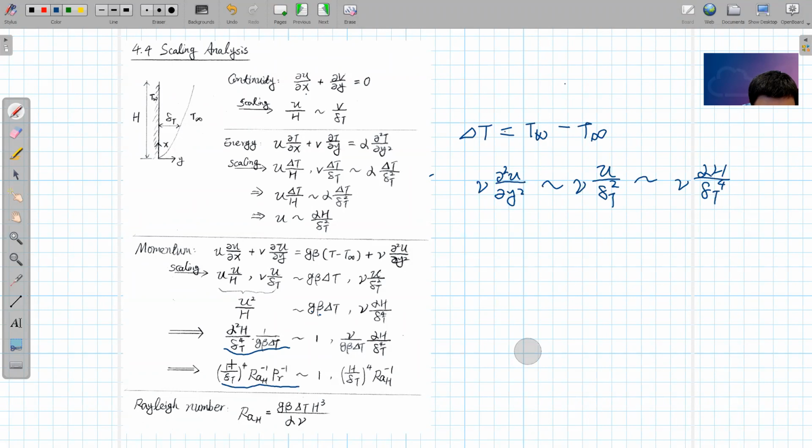There is also a scaling between h over delta t to the fourth power order, and this term can also be rewritten in terms of the Rayleigh number. So now we have three terms: the convection term after scaling, the buoyancy term, which is order one, and the friction term, which is also a function of the Rayleigh number.